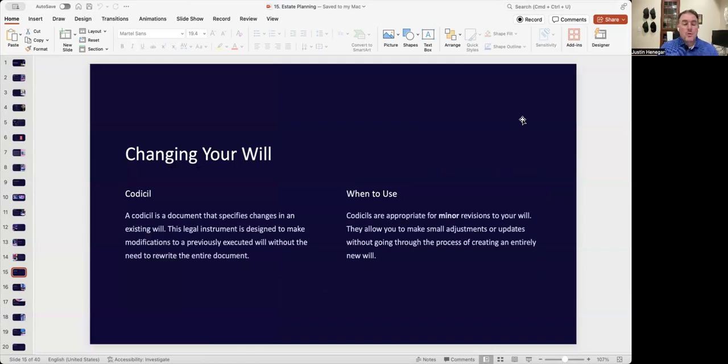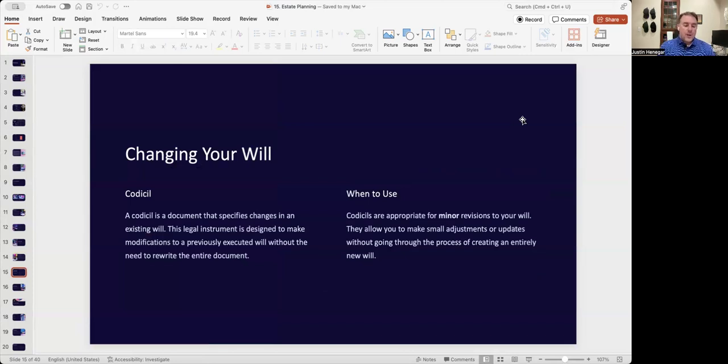Okay, so let's say you created a will, things are going well, and let's say you have another baby or something like that occurs, and you need to change your will. A codicil is a document that specifies changes in an existing will. So it is a legal instrument that is attached to a previously executed will without creating an entire need to rewrite it.